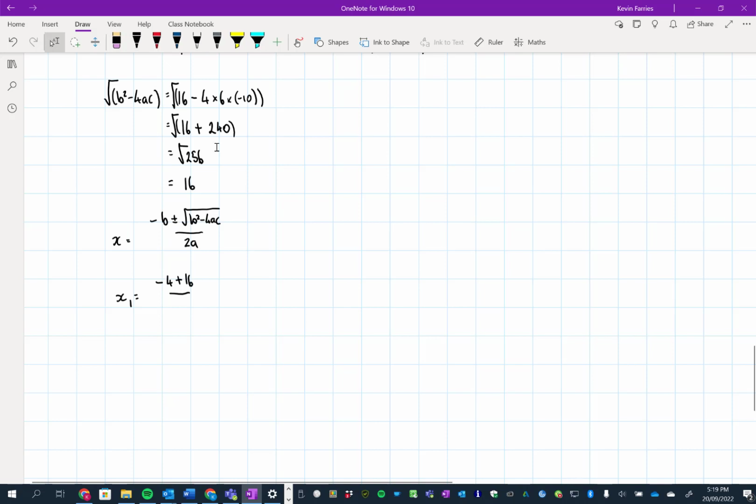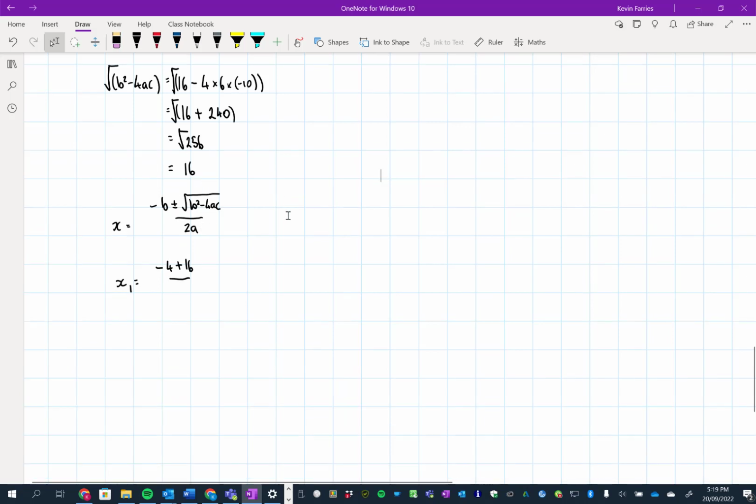Where did I get the 16 from? It's just what we just figured out: the square root of b squared minus 4ac is 16. And so minus 4 plus 16, a was 6, over 12. And that is equal to 1, because I chose that equation carefully.